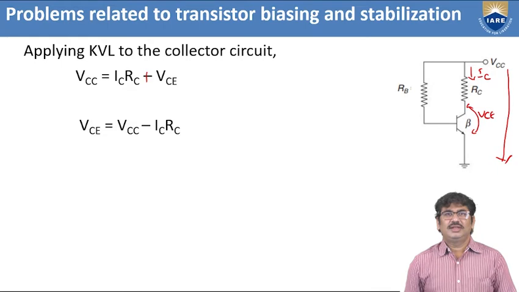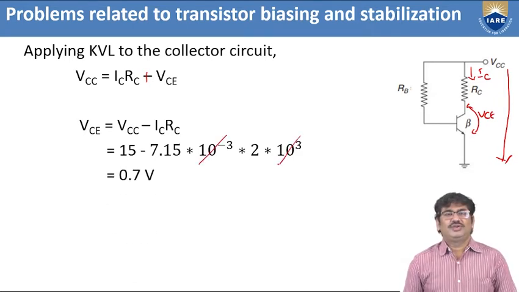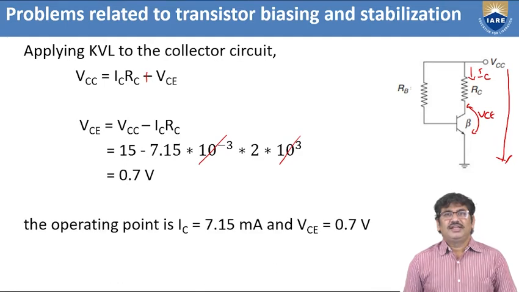Upon substituting, VCE equals 15 minus 7.15 into 10 power minus 3 into RC, which is 2 into 10 power 3. 10 power minus 3 and 10 power 3 get cancelled. So we get VCE equals 0.7. In the problem, they asked to find the operating point. Operating point is nothing but the values of collector to emitter voltage and IC. So the operating point is IC equals 7.15 milliamperes and VCE equals 0.7 volts.